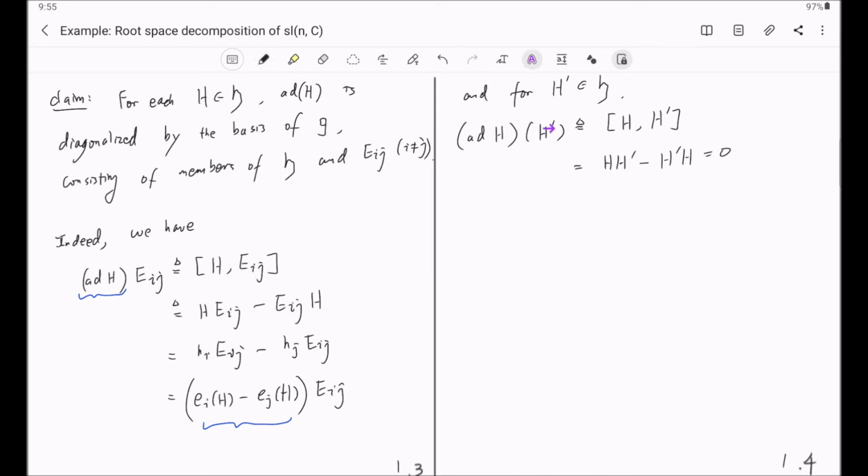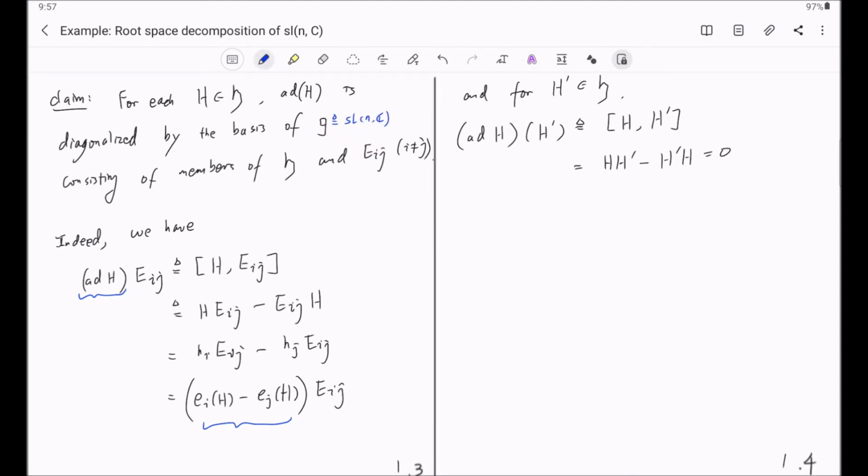So trivially, h' is an eigenvector for ad h with eigenvalue 0. And it should be easy for us to see that those E_ij's with i not equal to j and those matrices in h will form a basis for this Lie algebra g equal to SL_n(C).